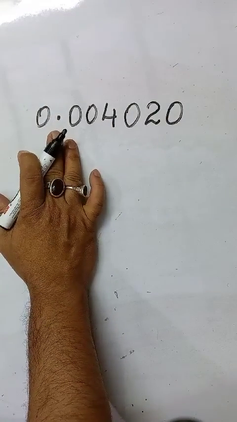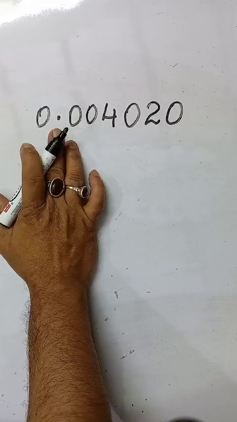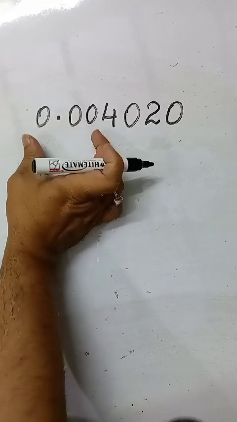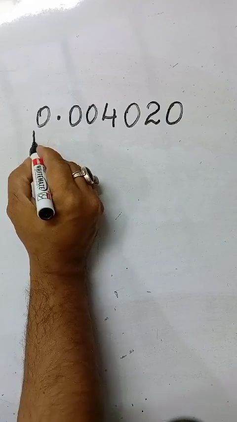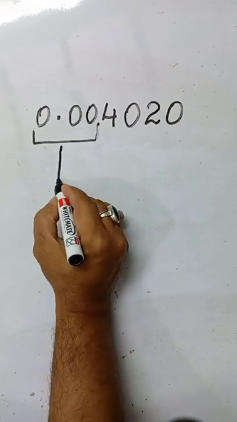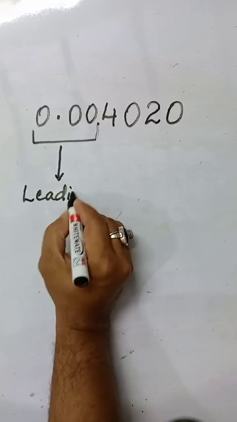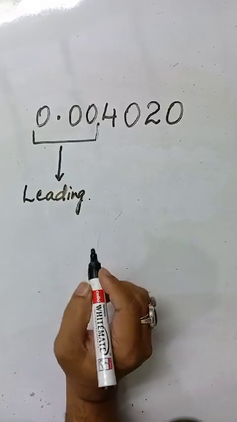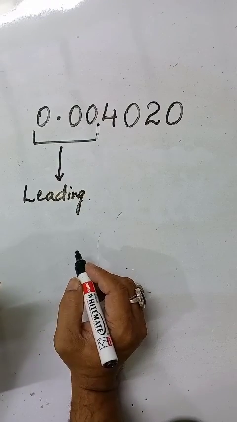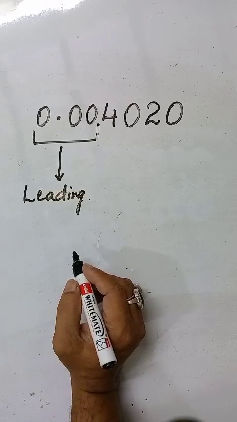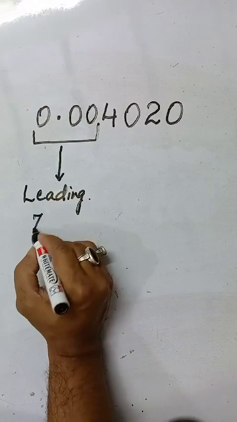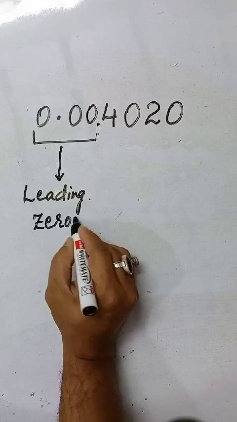It has a decimal also. It has some zeros which are known as leading zeros. Please understand this very carefully, children, because it is these terms that the rules are related to. So these are known as leading zeros.